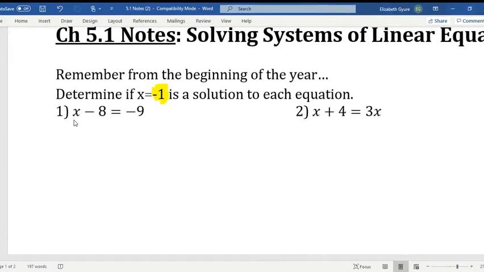X. Okay, so these are equations with an x. And then aren't I telling you in the directions that x equals -1? So where should I put that -1? We're going to replace the x with it. Exactly. We're going to substitute or plug -1 in. So if you see an x in your problem, we are going to plug that -1 in there.